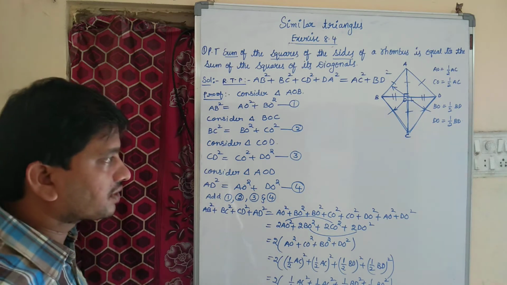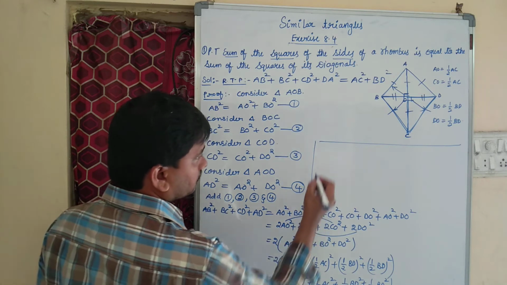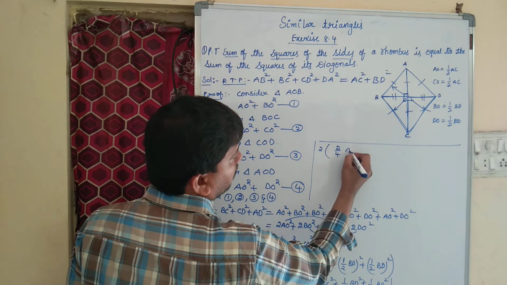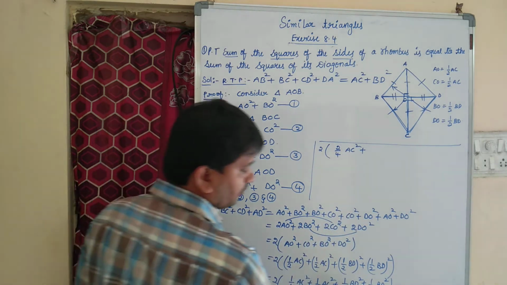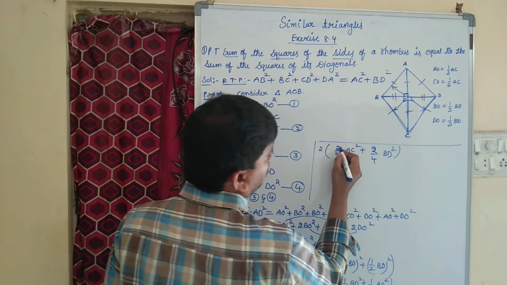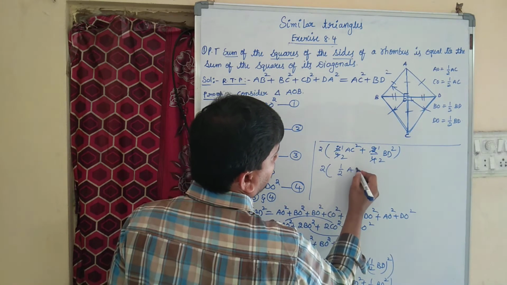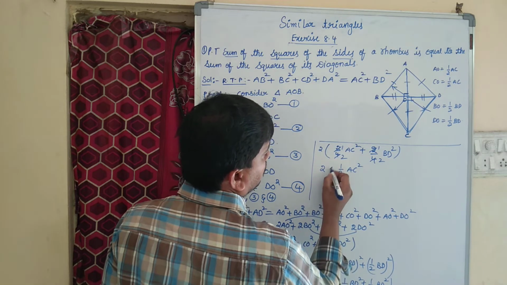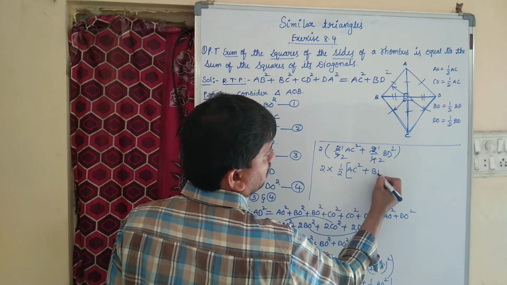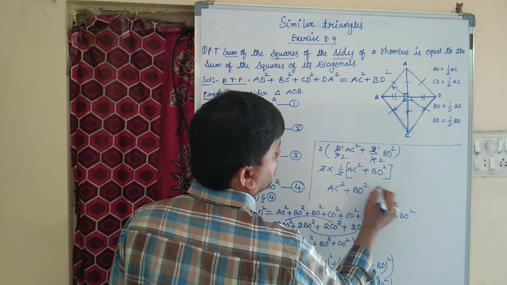So 2 into 1 by 4 AC square plus 1 by 4 AC square becomes 2 by 4 AC square, and 1 by 4 BD square plus 1 by 4 BD square becomes 2 by 4 BD square. If I take 2 common, it is 1 by 2 AC square, and taking 1 by 2 as common, AC square plus BD square. The 2s get cancelled. Again we got AC square plus BD square.